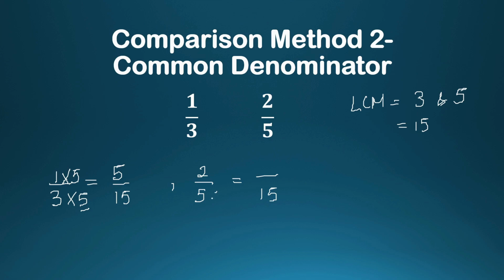So 5 times 3 is equal to 15. The same number is multiplied with the numerator, 2 times 3, which becomes 6/15. Now the two fractions that we got are 5/15 and 6/15. We can easily say that 6/15 is greater than 5/15. So 1/3 is smaller than 2/5.